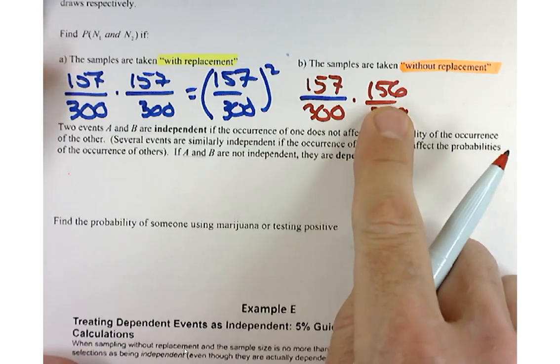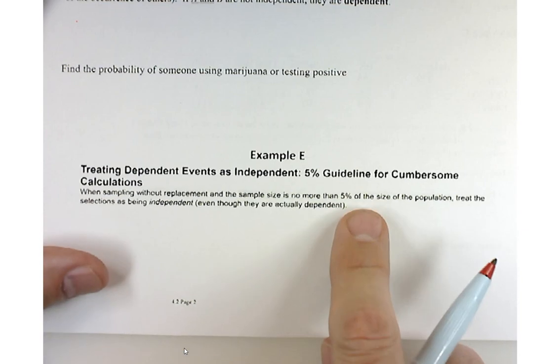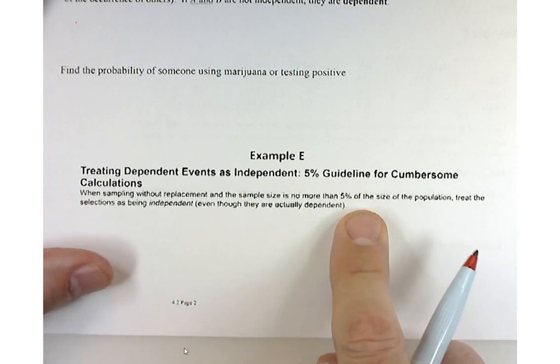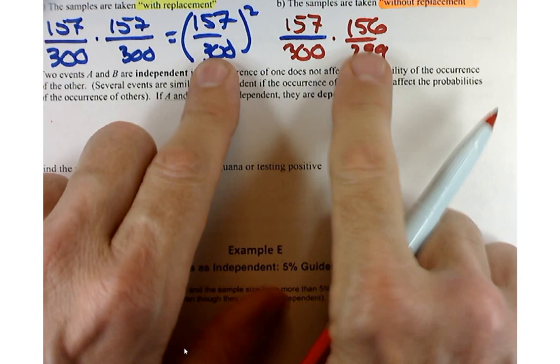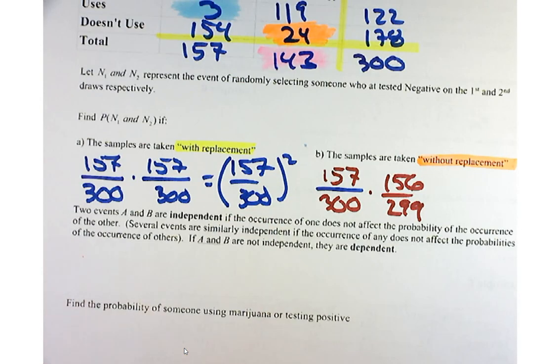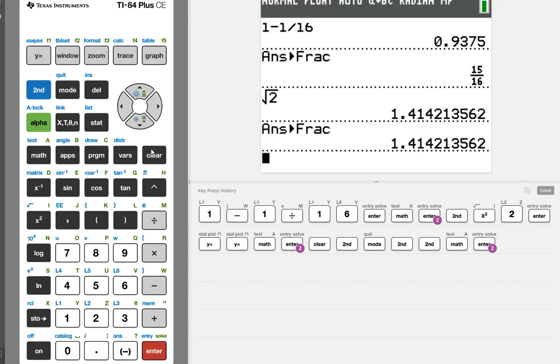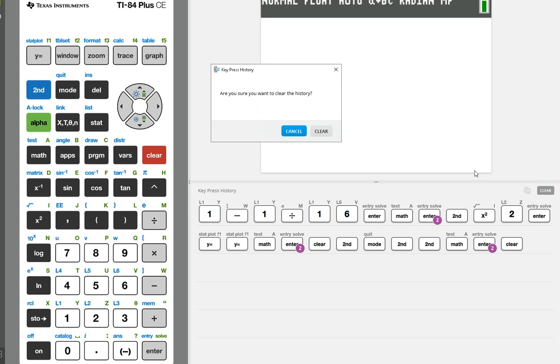If your sample size is less than 5% of your population, you can treat them as if they're independent, even though they're not. So if we were to actually calculate both of these probabilities, they'd be ridiculously close to each other. So let's try that.